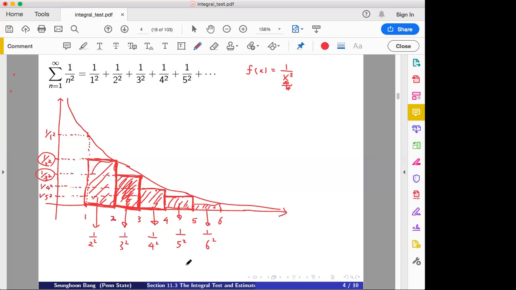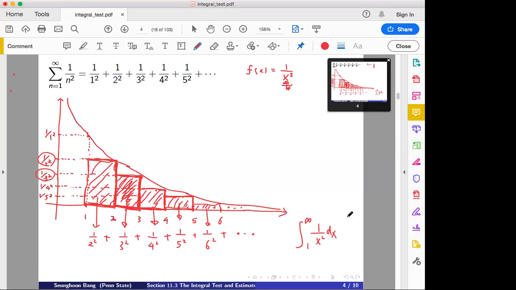Next, you have to add all these areas. You can add all the areas and keep going, adding infinitely many rectangles. I'm going to compare with the improper integral from 1 to positive infinity of 1 over x squared dx.